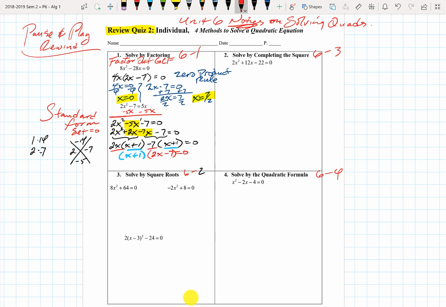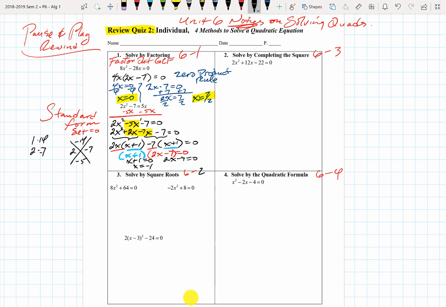Bring down the 0. The zero product is important because this equation wouldn't have solutions if it didn't equal 0, or if it didn't equal some value. You got to get to the zero product stage. And then you set each one equal to 0. So x plus 1 equals 0, which means x equals negative 1. And then 2x minus 7 equals 0.